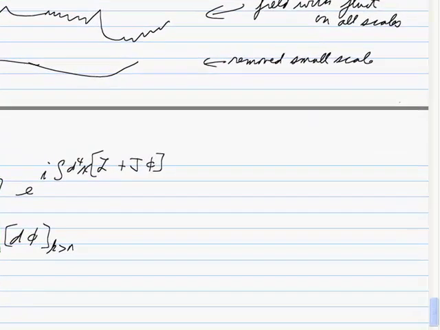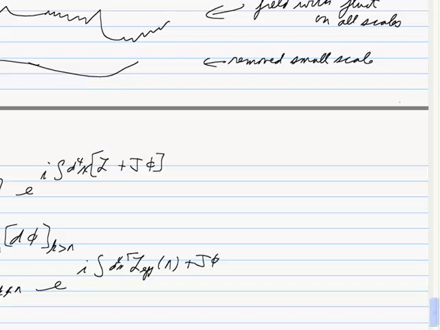Okay, and then the result gets written as integral d phi, k less than lambda, of e to the i integral d4x L effective, which now depends on lambda, plus j phi.